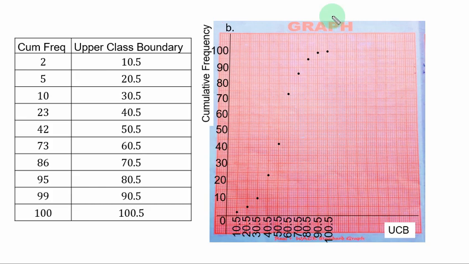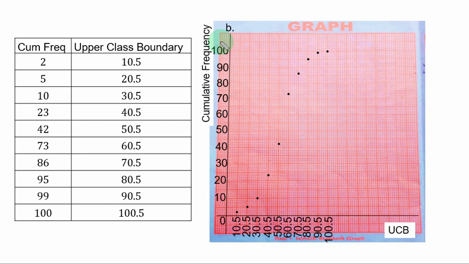The vertical axis is for cumulative frequency and the horizontal axis is for upper class boundary. On the vertical axis, the scale is 1 centimeter to 5 units, or 2 centimeters to 10 units. On the upper class boundary axis, no special scale is needed.